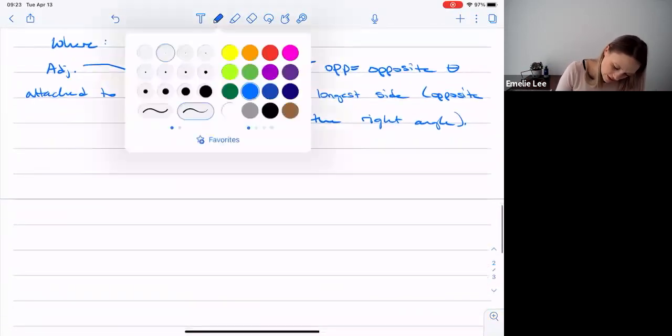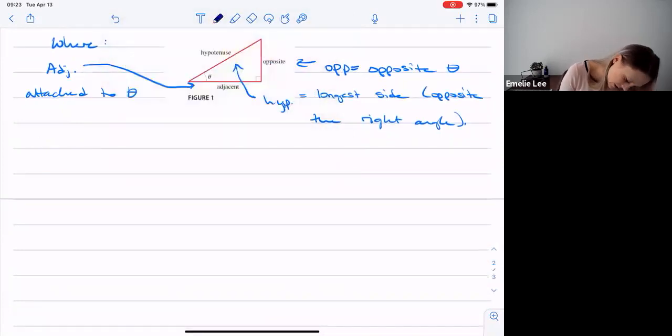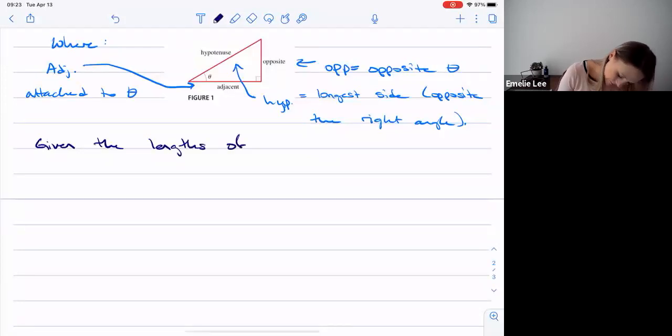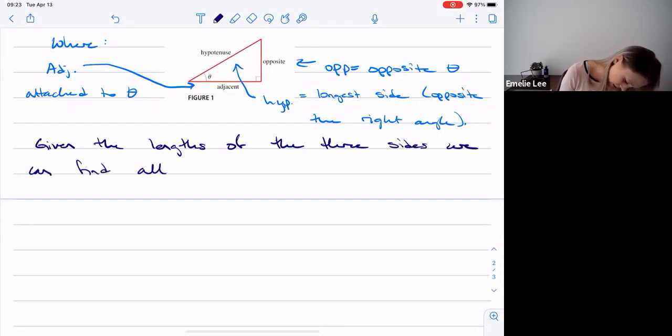So, given the lengths of the 3 sides, we can find all 6 trigonometric ratios.